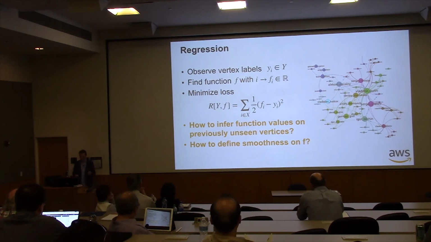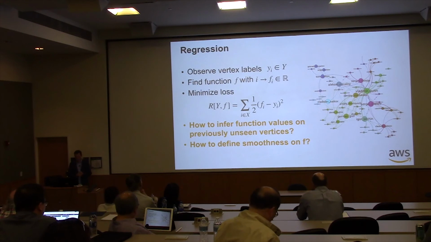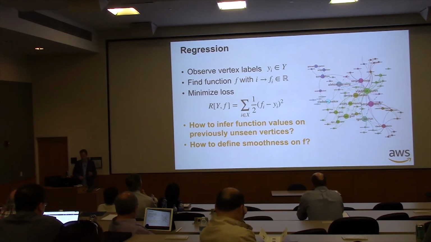But let me just call it a function for now, which maps the vertex ID into f_i. And then I want to, for instance, minimize a least squares loss, f_i minus y_i. And so that gets me to a number of problems, like how do I infer the function values on previously unseen vertices, and how do I even define smoothness on this?